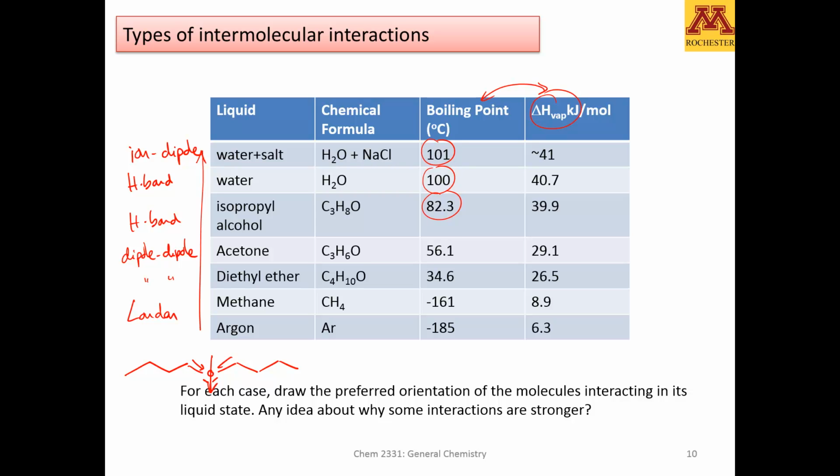We will talk about one day that there's an entropy factor in there that is not the same. This is mostly energetic, this is all combined, but they are very much related. So the higher the boiling point, the higher the enthalpy of vaporization, in other words, the energy needed to vaporize, in this case, 1 mole of that substance.